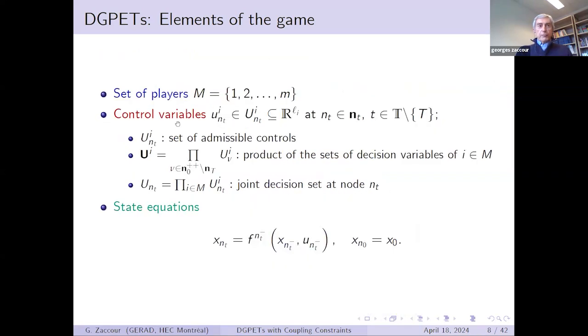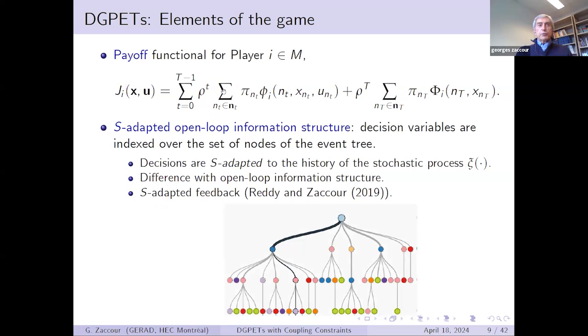So I defined the set of players, control, state equations, and payoff. I still need to define the information structure that I will be dealing with. It's well known that when you have a dynamic game, the results will depend on the information structure that one adopts. Here, the information structure that we have is called S-adapted open loop information structure.